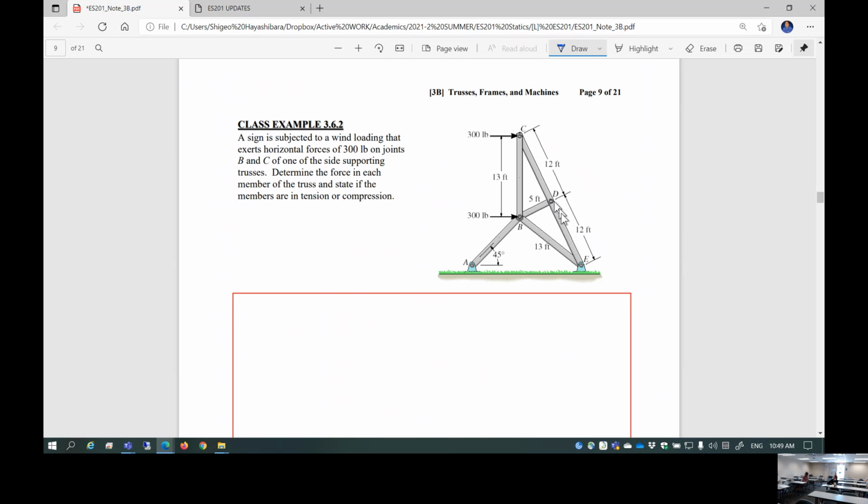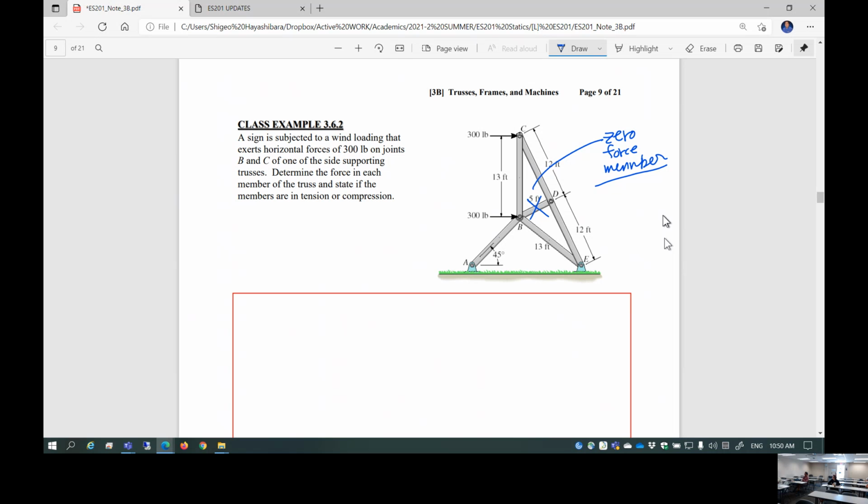This is collinear. That means this is a zero force member, because it's collinear. So you don't need member BD. When you try to analyze, you just completely ignore that. You just remove this member BD to begin with.